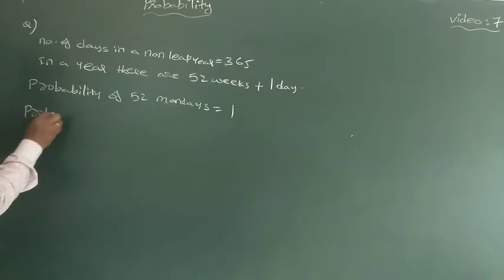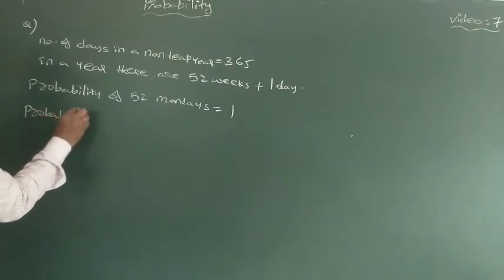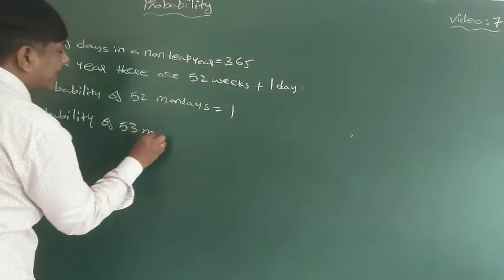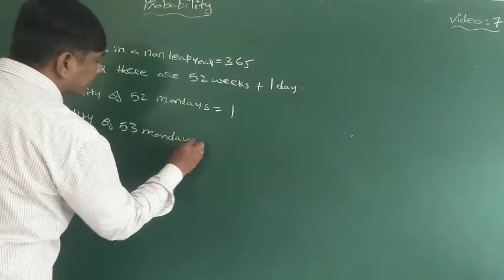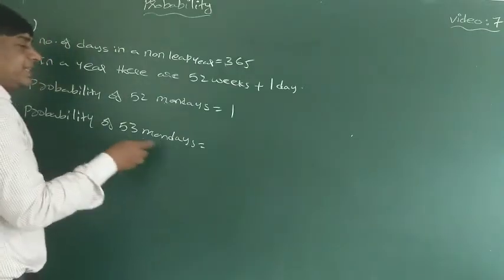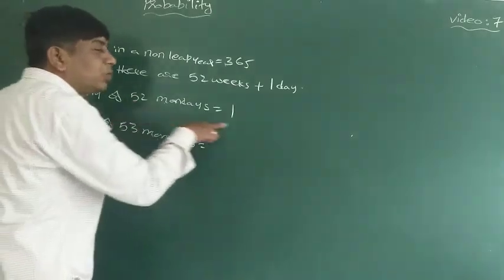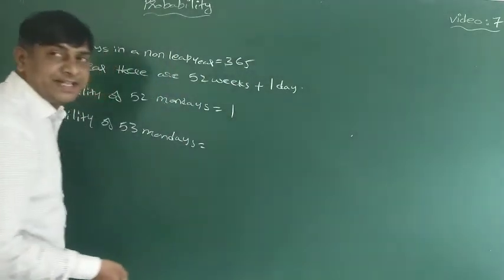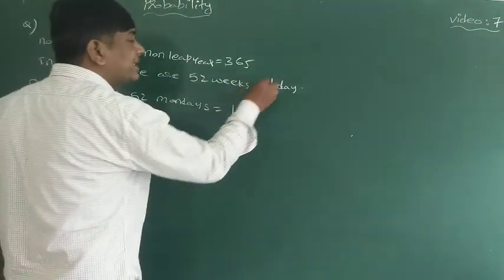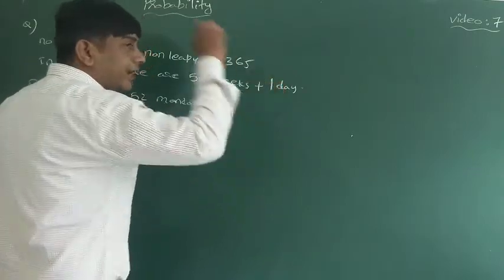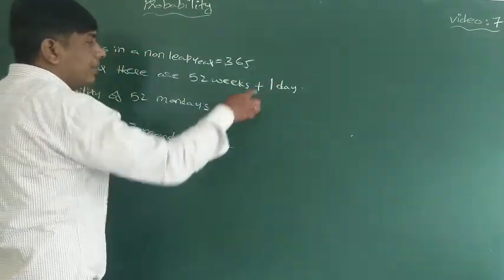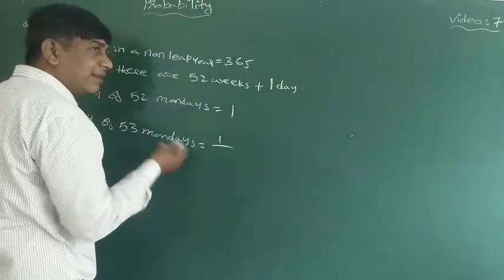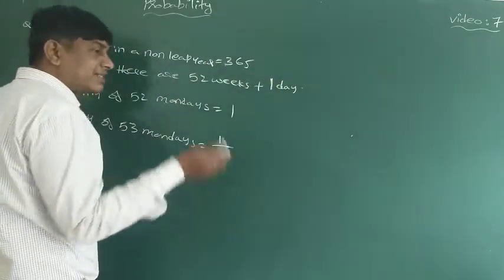I am talking about non-leap years: the probability of 53 Mondays. 53 Mondays means that in 52 weeks you get 52 Mondays, and I want 1 additional Monday. Among those 7 days, this 1 additional day may be a Sunday, Monday, Tuesday, Wednesday, Thursday, Friday or Saturday.